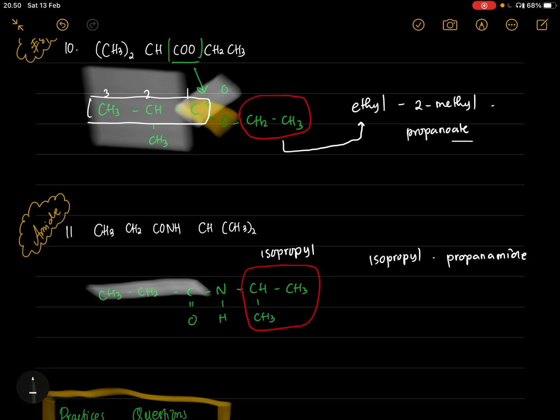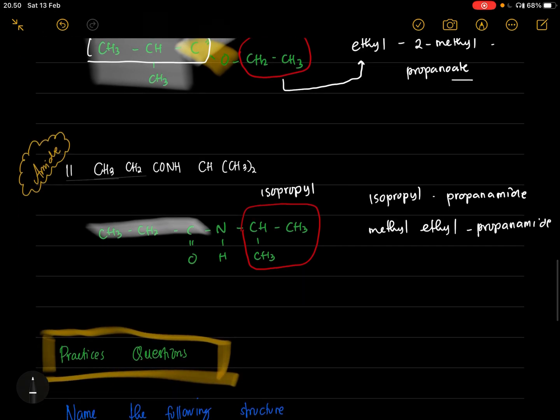Or it is also called methylethyl propanamide. So this is how organic compounds are named. If there are any comments, for example if I make a mistake, you can drop a comment and I will make a correction in the class.